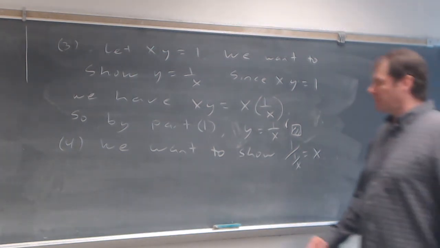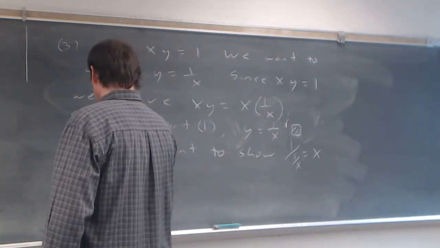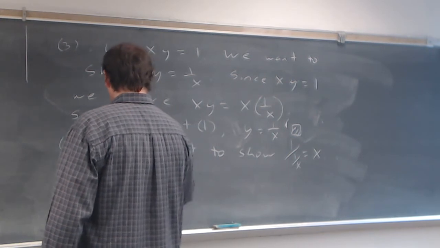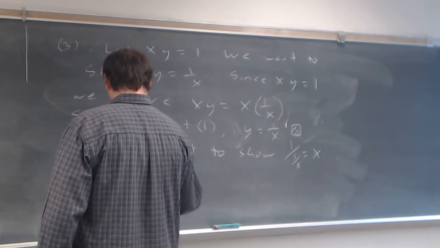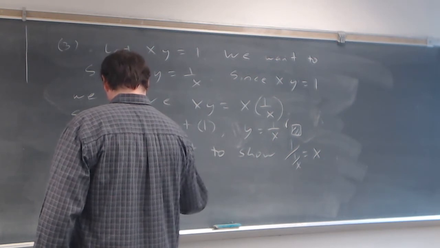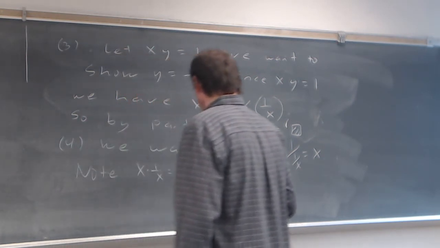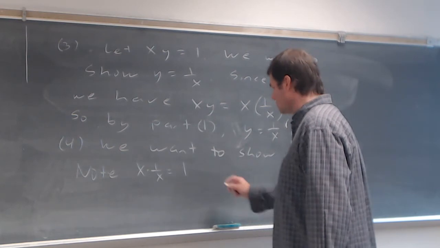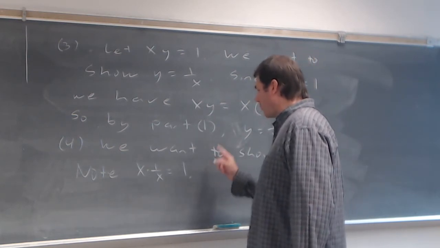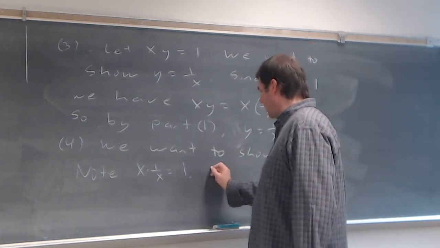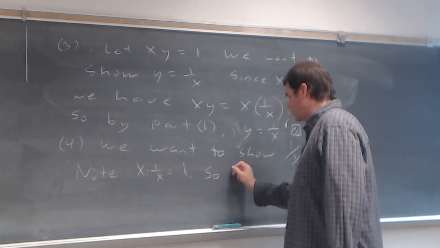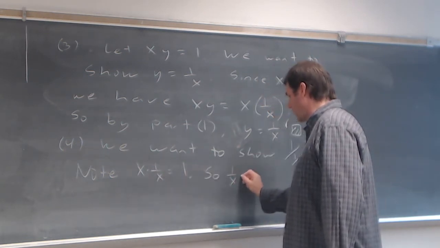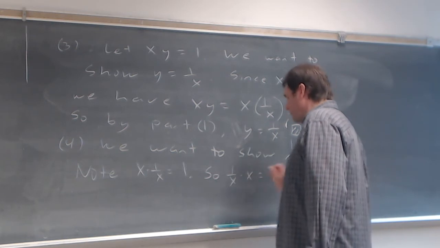So here we note, since x is different than 0, we have that x times 1 over x, the existence of 1 over x is there in the field, is equal to 1. So again, what we're going to do is use this part 3, but we need to put ourselves in a great position to use it. So I will commute these two elements to say 1 over x times x equals to 1.